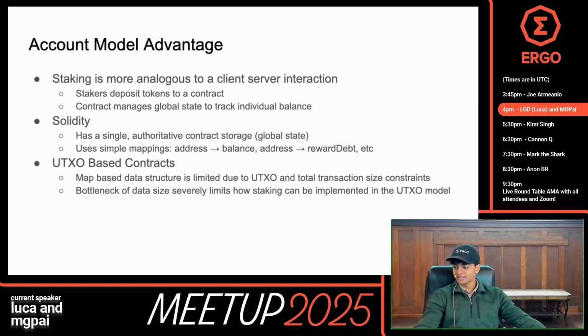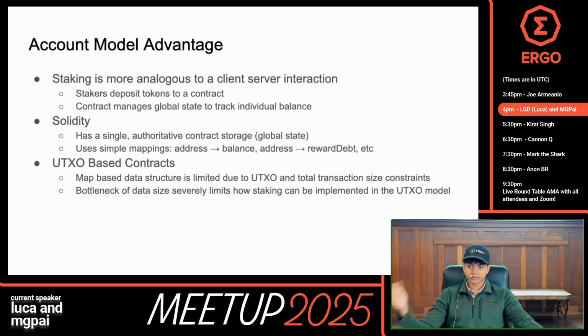Why not make it like 4 gigabytes or something? No, that's not possible because you have your bottleneck by transaction size limits. You can only deal with a specific amount of UTXOs per transaction. And on top of that, you also have the block size limit, so you can only have a certain amount of transactions per block. So a lot of bottlenecks here.